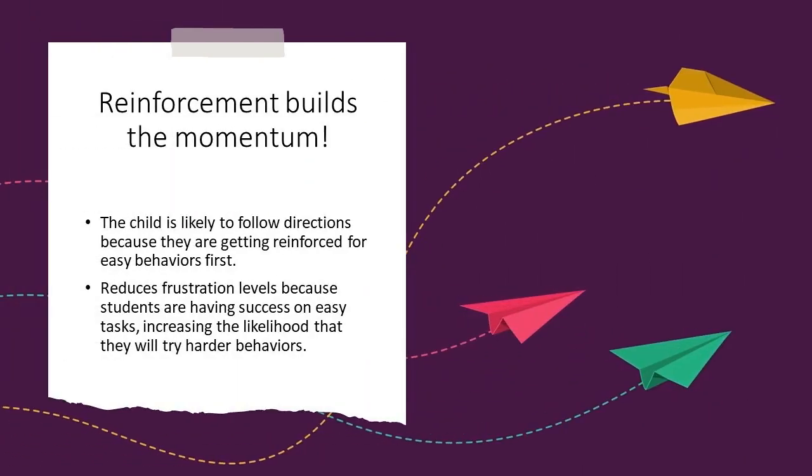Now, the cool thing about behavioral momentum is that the reinforcement is what builds the momentum. See, the child is likely to follow directions because they are getting reinforced for easy behaviors first. Now, from a psychological standpoint, when we think about what's the outcome of all of this, what's in it for the kid, it reduces a lot of frustration levels because the students, they're having success on easy tasks, so they're getting a lot of reinforcement, but ultimately they're also building their skill set and they're achieving all of these good things.